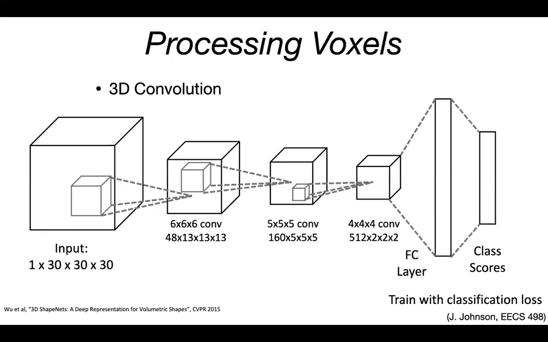And so to do the convolution, we are going to process the voxels for analysis, like a classification task. We are going to do exactly what we have seen here. Like in this example, it's the same as the previous slide. We start with the occupancy at a resolution of 30 by 30 by 30.